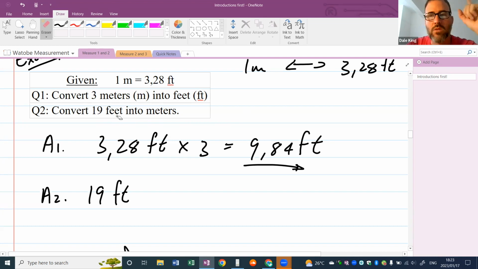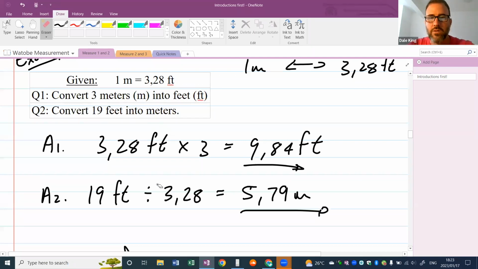Because each one of those is 1 meter. To find out how many 3.28s there are in 19, we just divide by 3.28 and we get this answer here. So there's a couple of ways we can look at it.